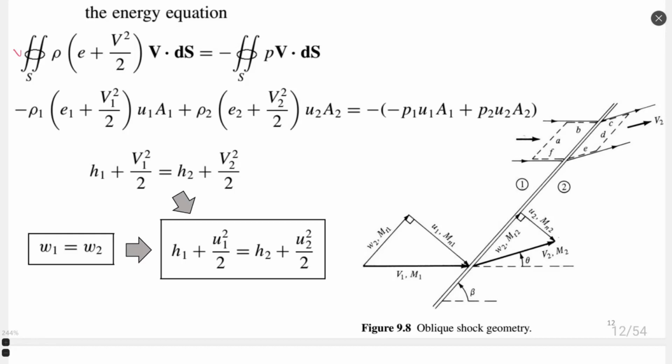On the left side of the equation, we can see the flow of energy through the surface of the control volume. We consider only surface A and surface D, because through other surfaces, we do not have any kind of flow. And on the right side of this equation, we see the flow of energy created by pressure force.